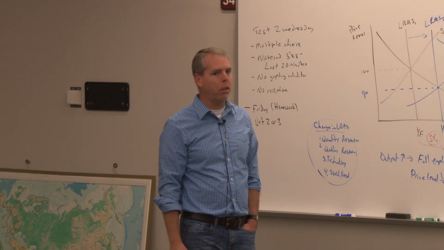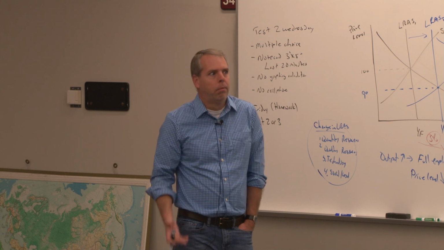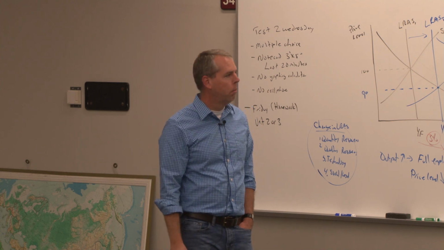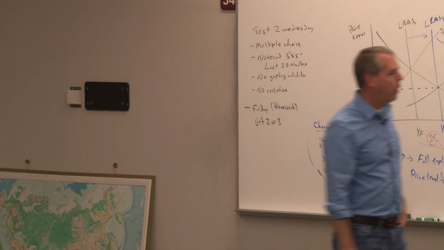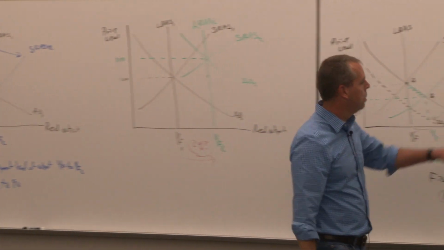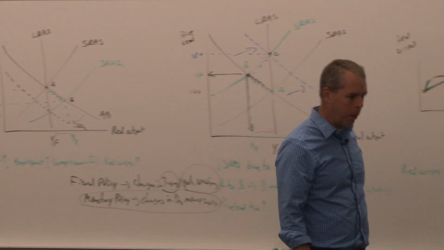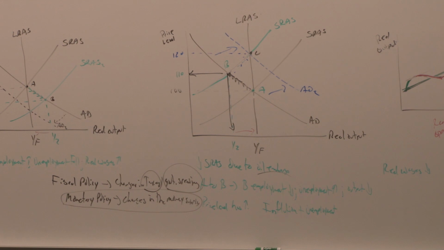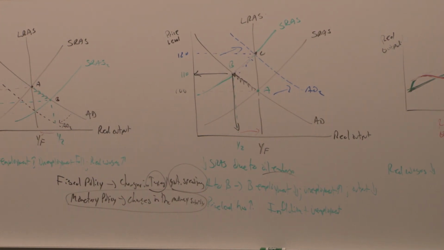But we had stagflation. Under the Keynesian model, this is not possible. But it is. People are like, but it's happening. So clearly, the Keynesian model doesn't work perfectly either. So like I said, we'll get to that when we look at fiscal and monetary policy.